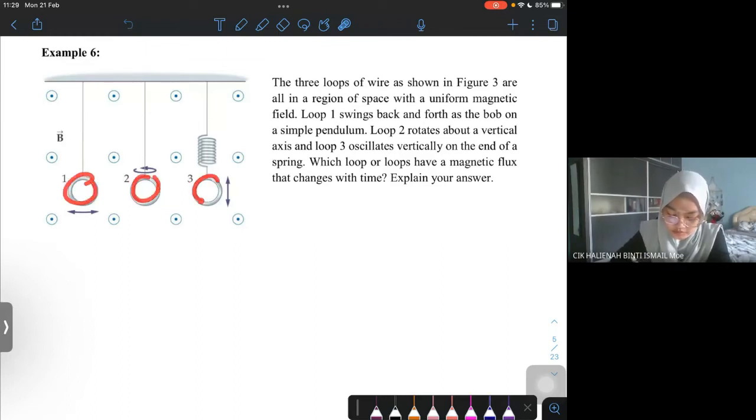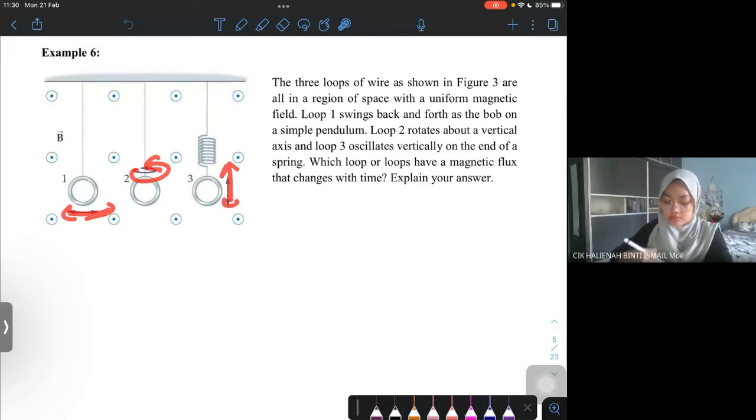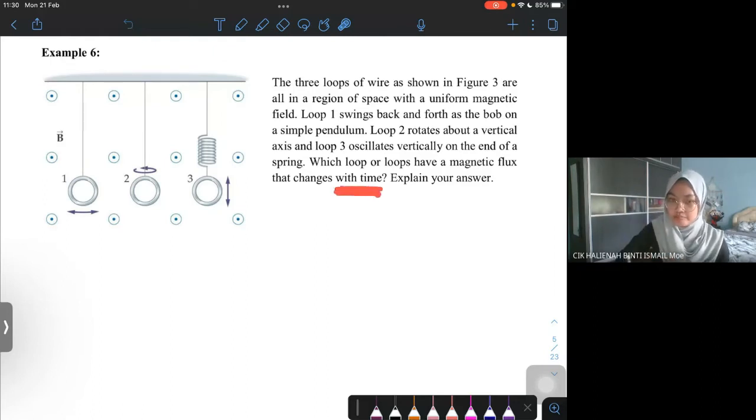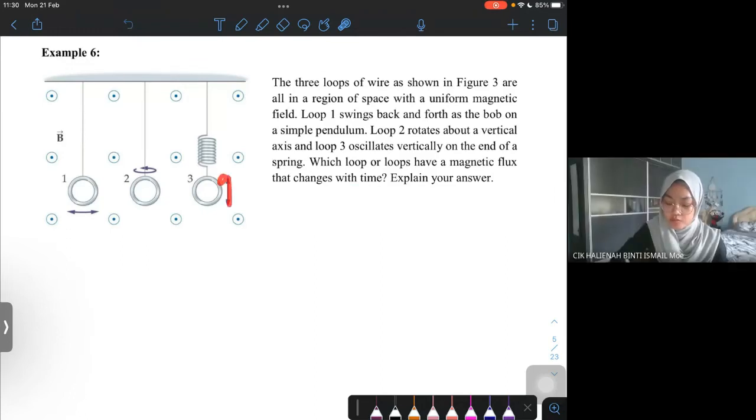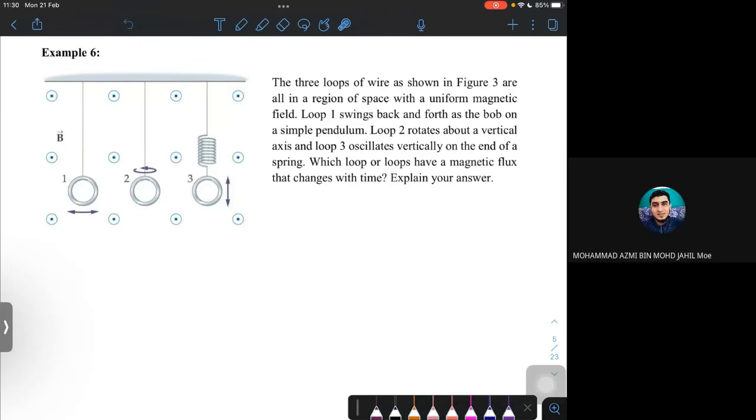So we are given 3 loops here. Semuanya ada loops. Okay, satu ni dia akan move back and forth macam ni. Satu dia akan rotate, satu lagi dia akan up and down. So which one do you think will have a change in magnetic flux with time? Yang ada spring tu, Miss. Yang ada spring. Why? Sebab dia pergerakan linear ke atas dan ke bawah.